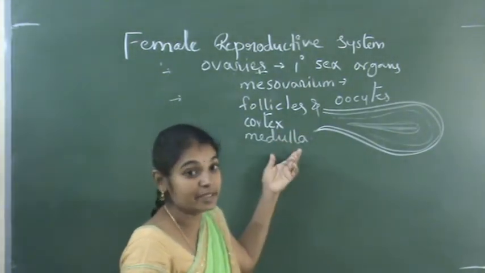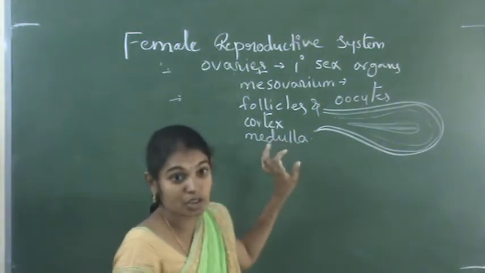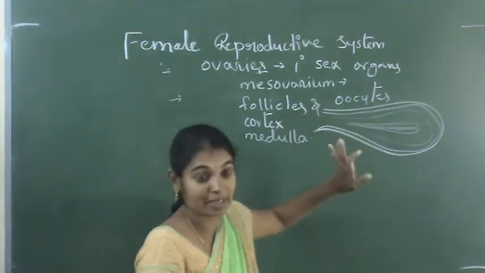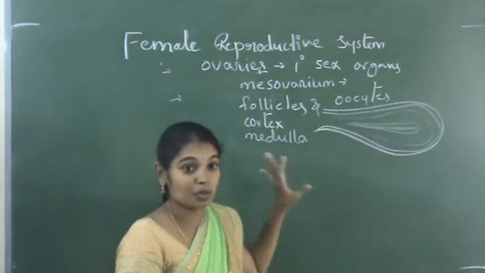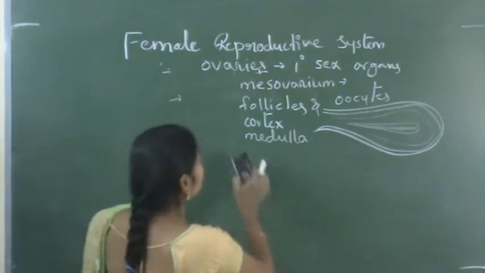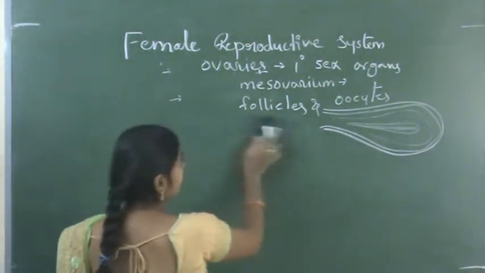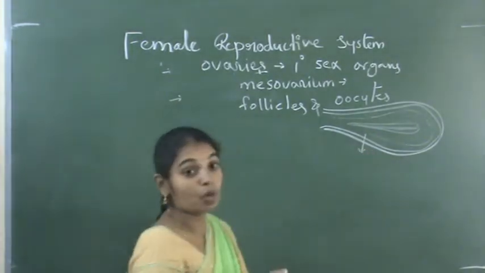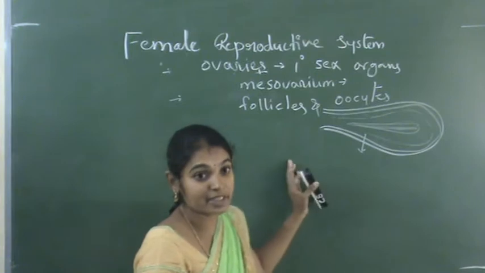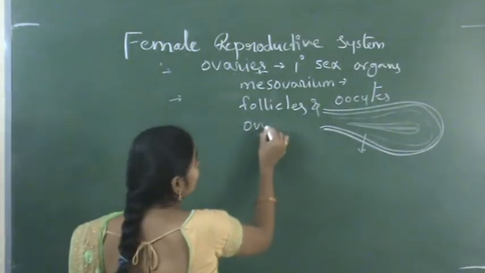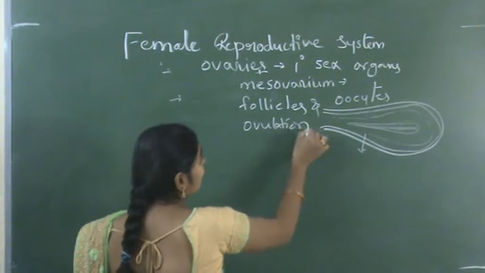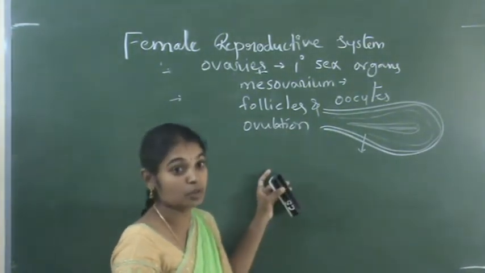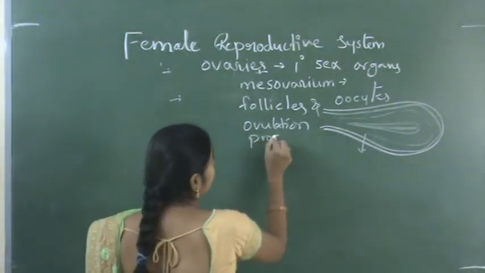This medulla region contains loose connective tissue which enhances the ovulation process but is not directly involved in it. The main function of the ovary is ovulation, and it also secretes the female sex hormone progesterone.